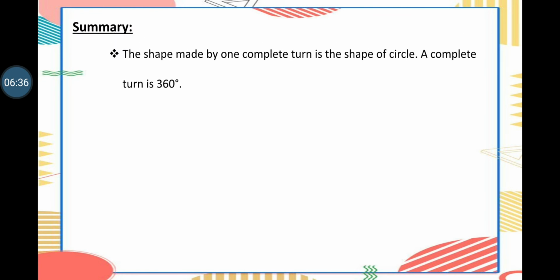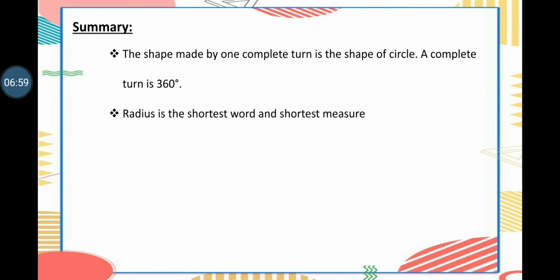Let's summarize our lesson. We learned in this lesson that the shape made by one complete turn is the shape of a circle. A complete turn is 360 degrees, meaning the total angle of the circle is always equal to 360 degrees.